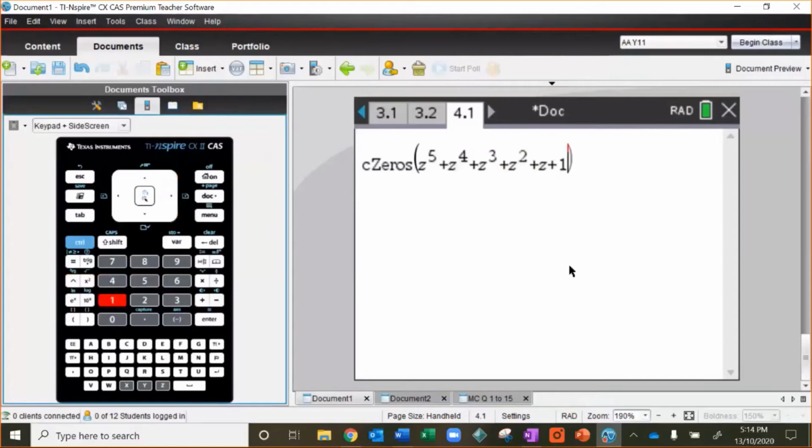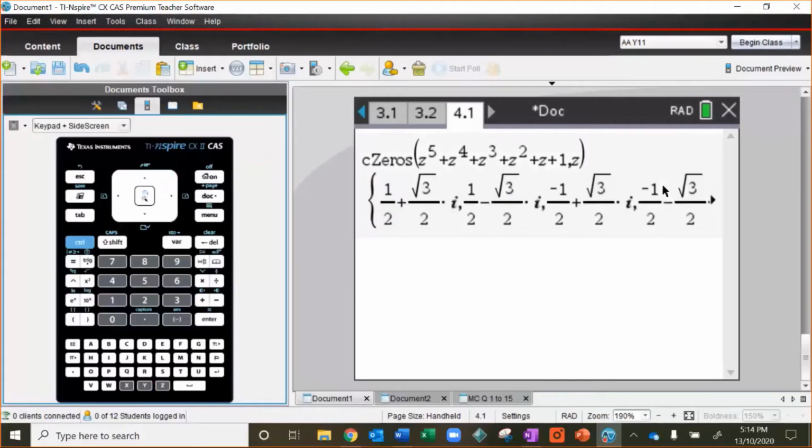If we do C zeros, we don't write equal 0, we're not solving, we just want the zeros of this fifth degree polynomial, and we need to tell the calculator what the variable is. And there will be 5 zeros.